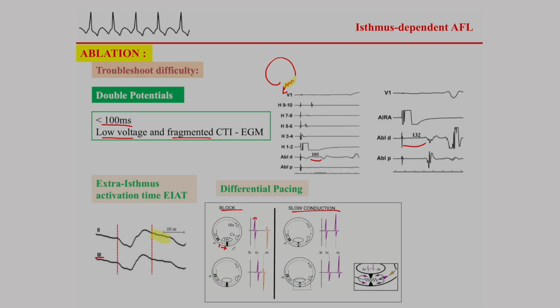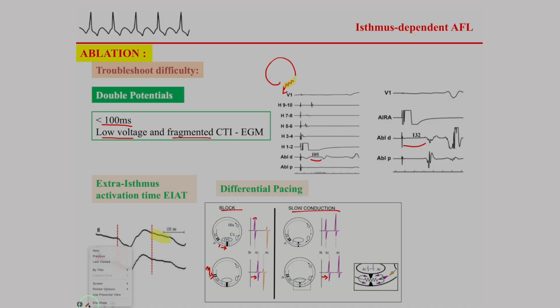So when we pace from a site like this far away, we would have a delay between the spike and the first component. So the first component of the double potential will be delayed because we are on the further side away from the first one.